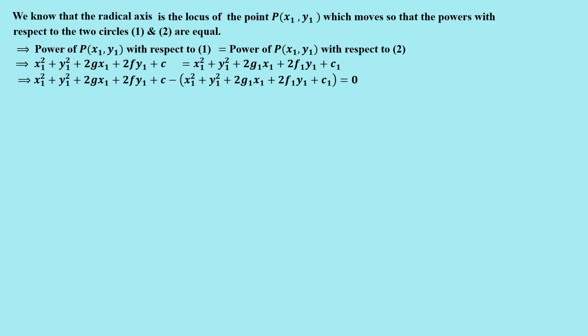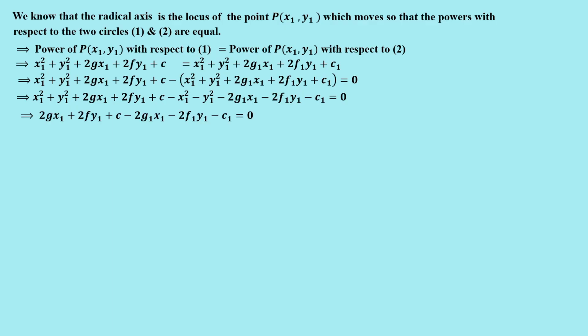So x1 square plus y1 square plus 2gx1 plus 2fy1 plus c, taking the right hand side terms to the left hand side, minus (x1 square plus y1 square plus 2g1x1 plus 2f1y1 plus c1) equal to 0. Multiplying with that minus and removing the bracket on the second circle's terms, you will get x1 square plus y1 square plus 2gx1 plus 2fy1 plus c minus x1 square minus y1 square minus 2g1x1 minus 2f1y1 minus c1 equal to 0.